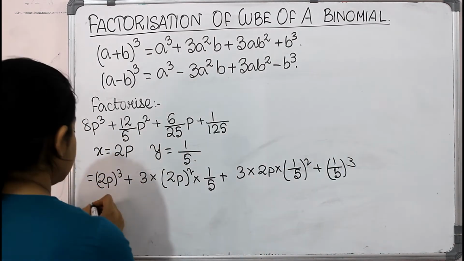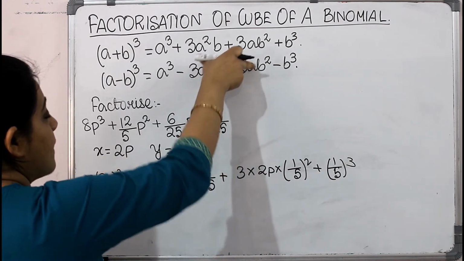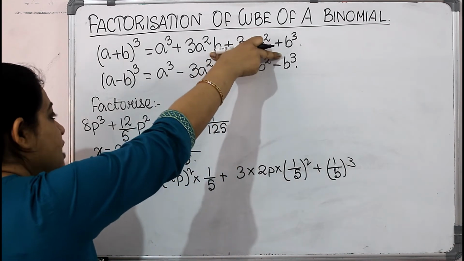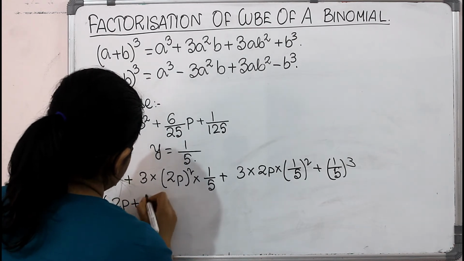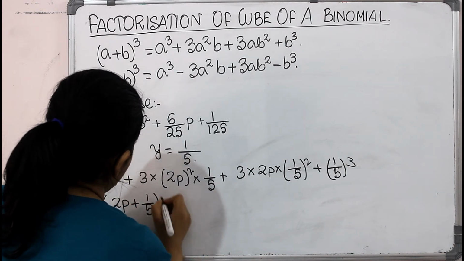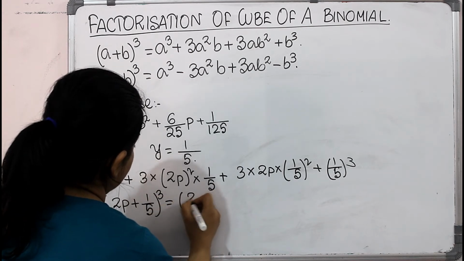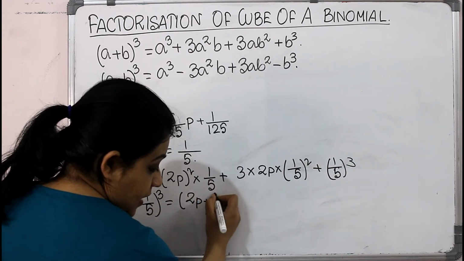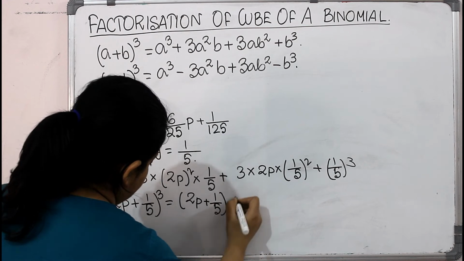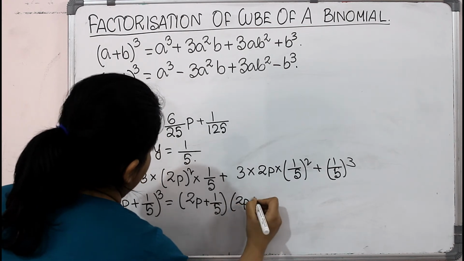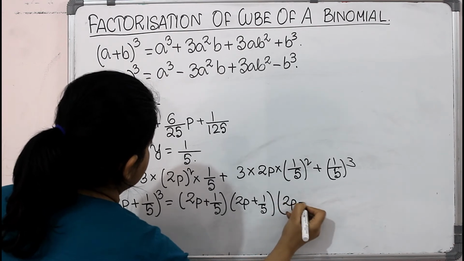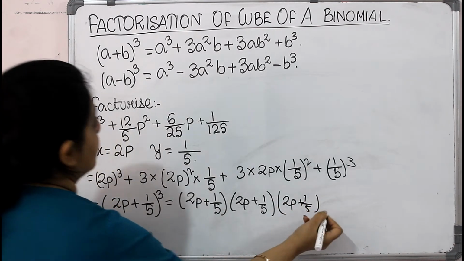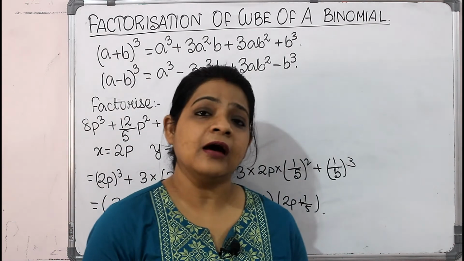Okay, so this is completely taking the shape of this formula. So 2p plus 1 by 5 whole cube. So this becomes 2p plus 1 by 5 into 2p plus 1 by 5 into 2p plus 1 by 5. So let's check the next sum.